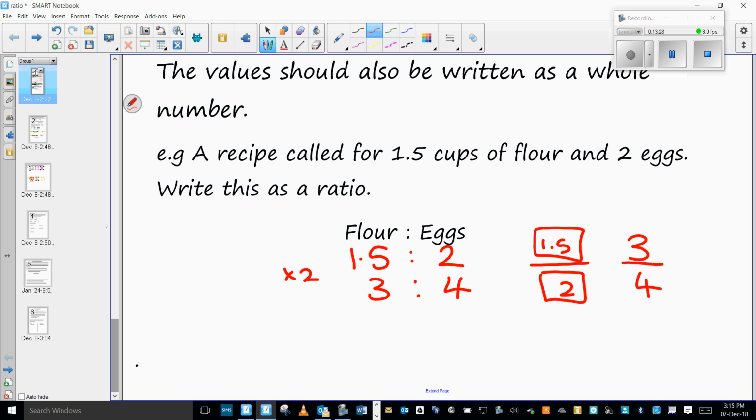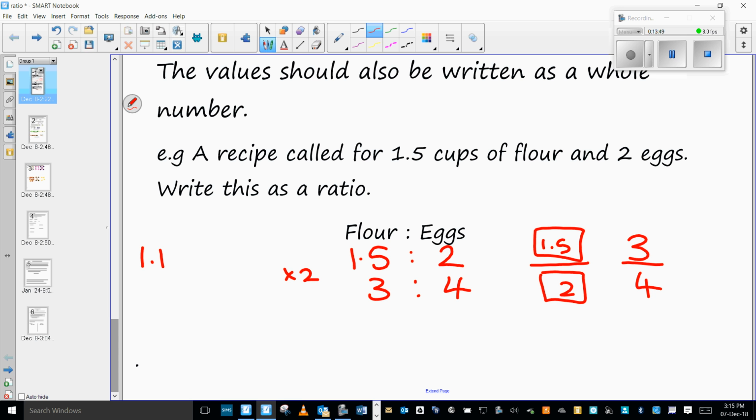Now, 0.5 was an easier one to make a whole number because Maya spotted that you could double it and it becomes a whole number. But what if it was 1.1? That's trickier, isn't it? What could you multiply that one by? You could multiply it by 10.